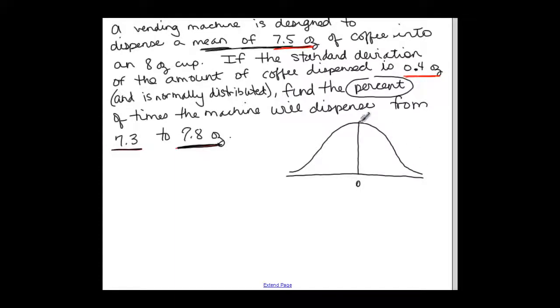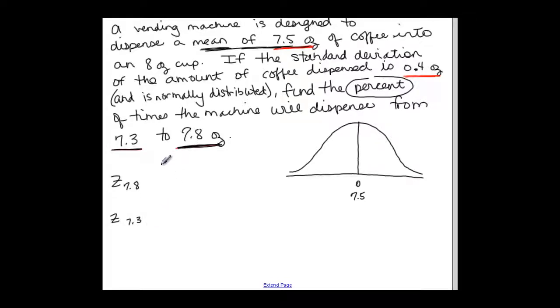Now to find area under the curve, we need z-scores. So let's find the z-scores of these pieces of data. We know that 7.5 as a data piece would have a z-score of 0. So let's look at 7.8, and then we'll find a z-score of 7.3.